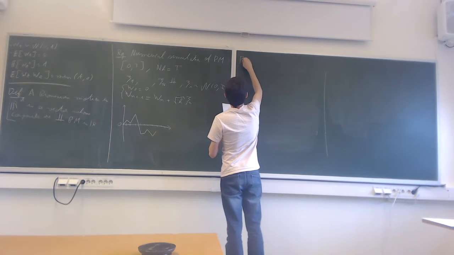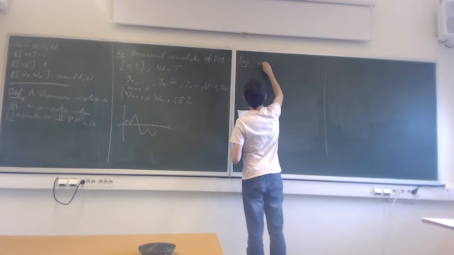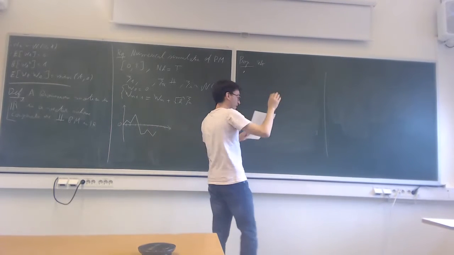Anyway, now some properties that we can observe. We take W_t, the Brownian motion, and then we modify it a little bit.